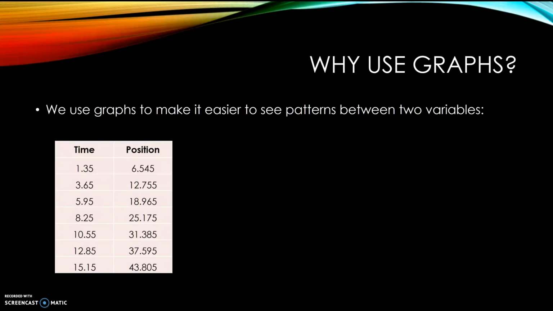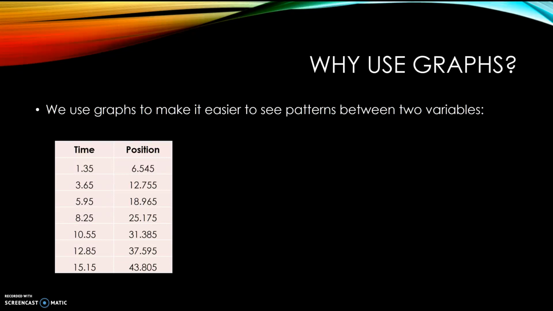I guess this table doesn't have my units, so I guess it's not perfect. But we have this nice table here, and we can see time and position, but it's very hard to see if there's some sort of relationship between the time and position for the object.